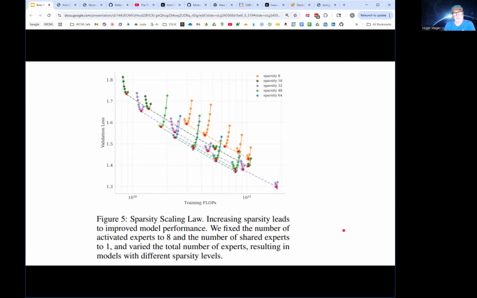In the compute versus validation loss curve. The other quick question I had is: how much fundamental difference is there between, let's say, 8 experts and 8 attention heads?